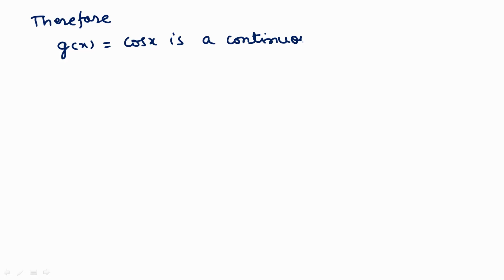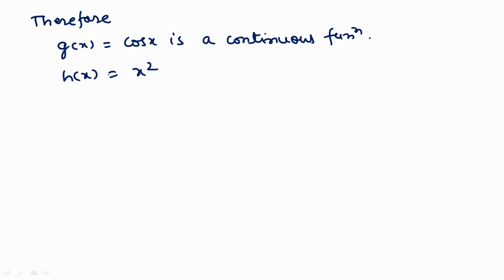So therefore g(x) is equal to cos x is a continuous function, and h(x) is equal to x square is also a continuous function.